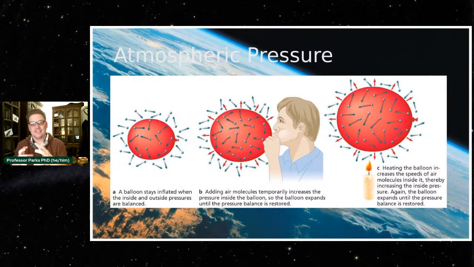You have gas inside the balloon, and then you have gas that's outside the balloon. And what this is saying is that if you have a balloon of a certain size, then this is what we call an equilibrium position. The balloon is going to stay at that size unless it's interfered with in some way.